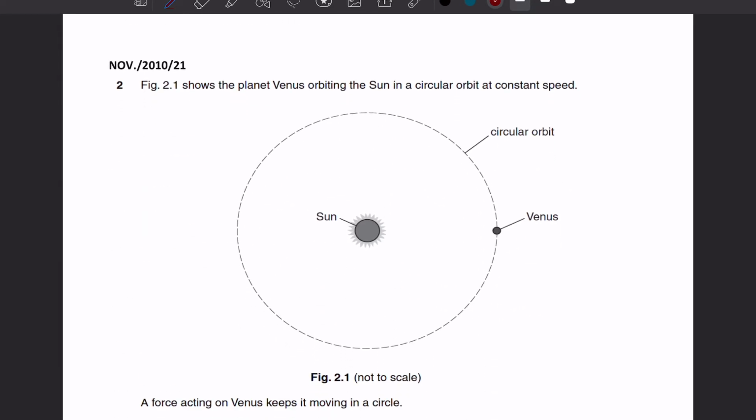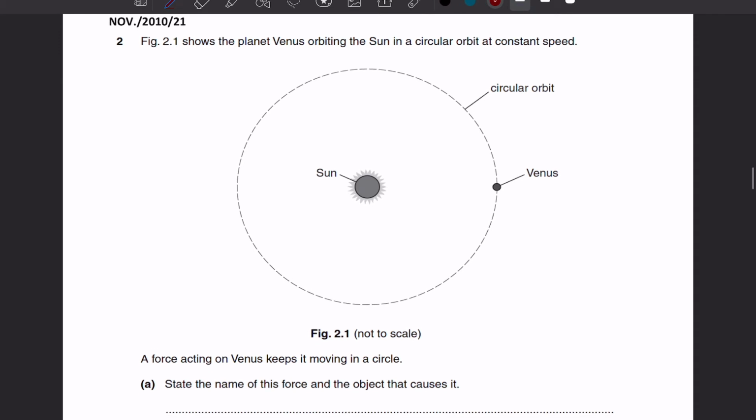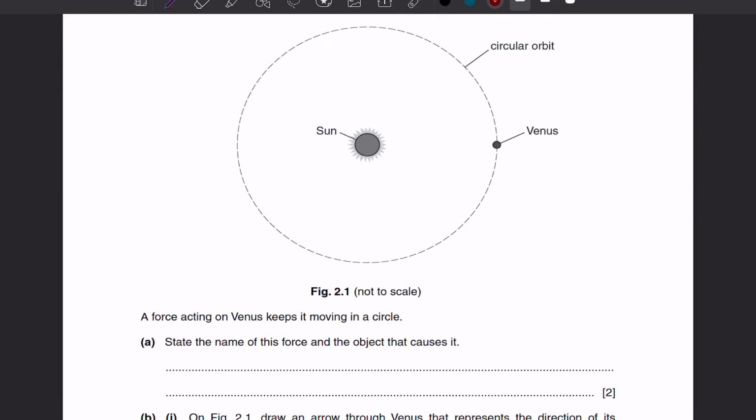Now this structured question says, the figure shows the planet Venus orbiting around the sun in a circular orbit at constant speed. And we know that despite moving at constant speed, it must be accelerating because it is experiencing a continuous change in direction. A force acting on Venus keeps it moving in a circle. State the name of this force and the object that causes it.